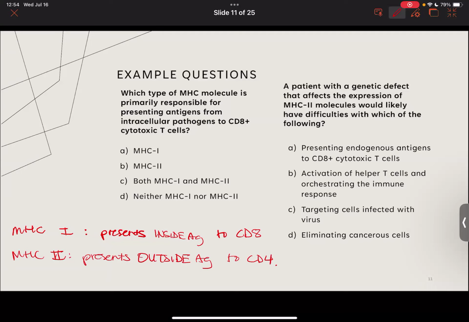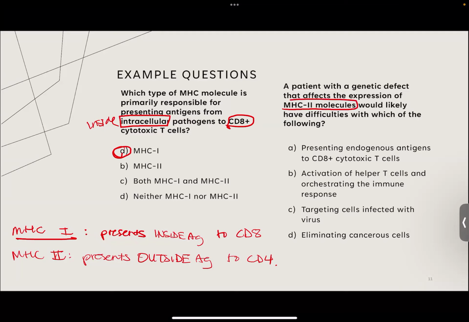So which type of MHC molecule is primarily responsible for presenting antigens from intracellular pathogens, inside, to CD8 positive cytotoxic T cells? That'll be MHC1. A patient with a genetic defect that affects the expression of MHC2 molecules would likely have difficulties with which of the following?